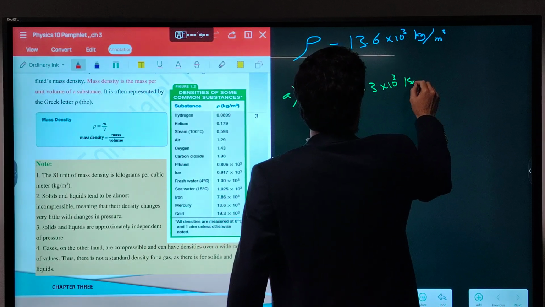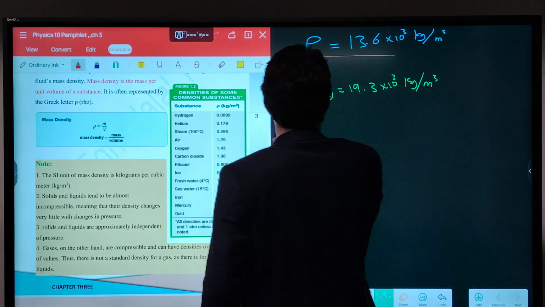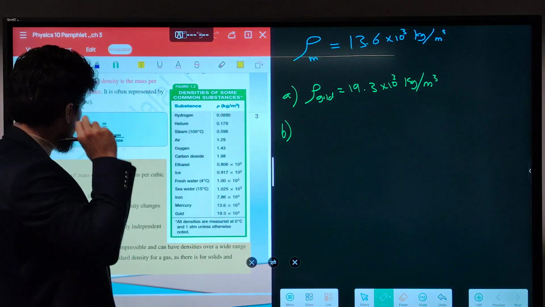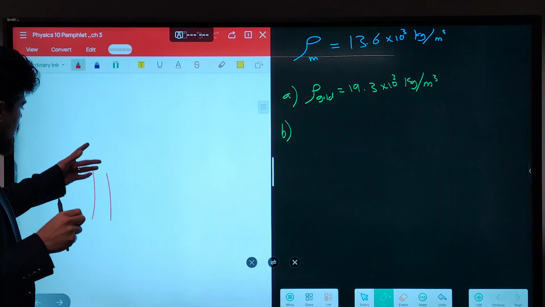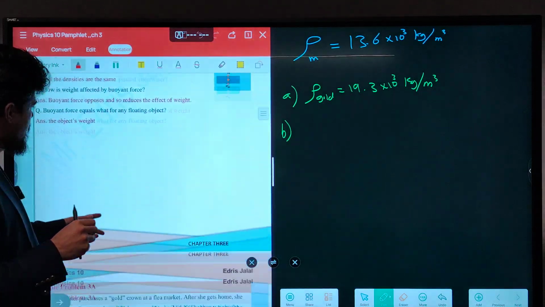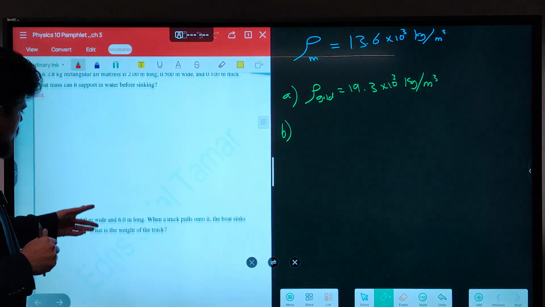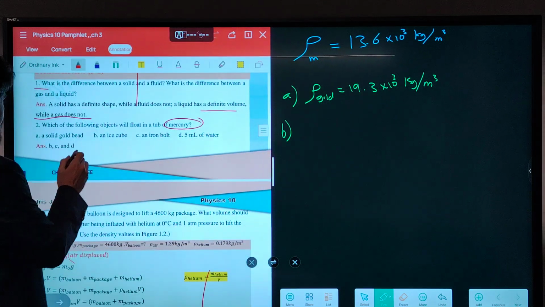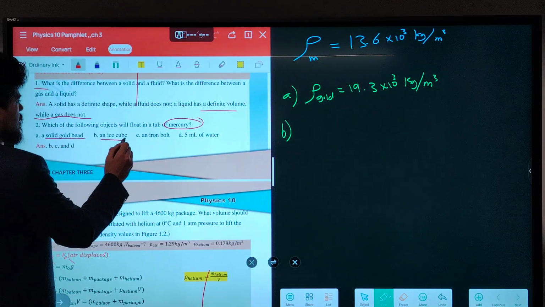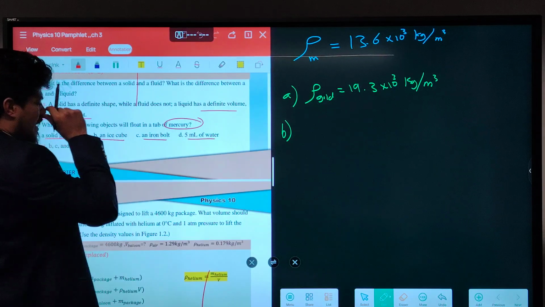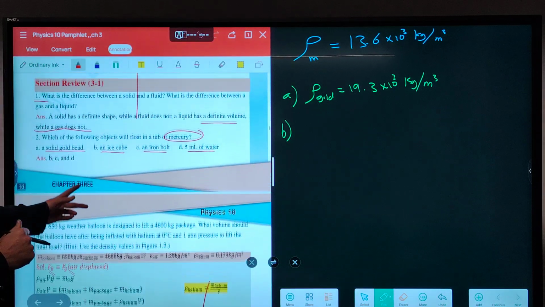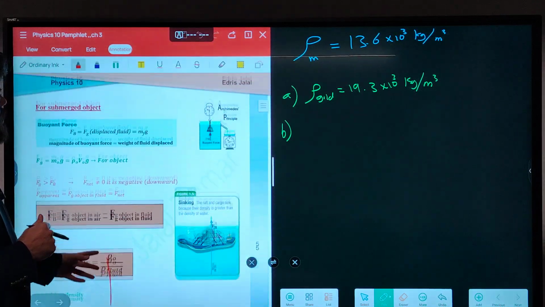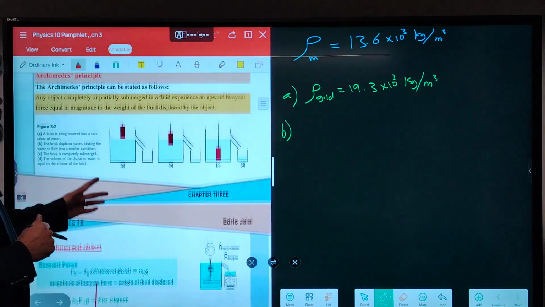Look, guys, we have solid gold, ice cube, iron bolt, and 5 milliliters of water. So now we write down the density for the ice cube.